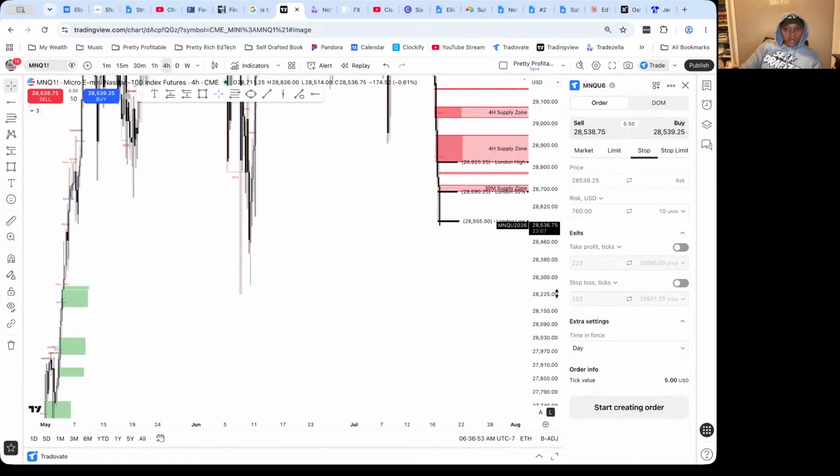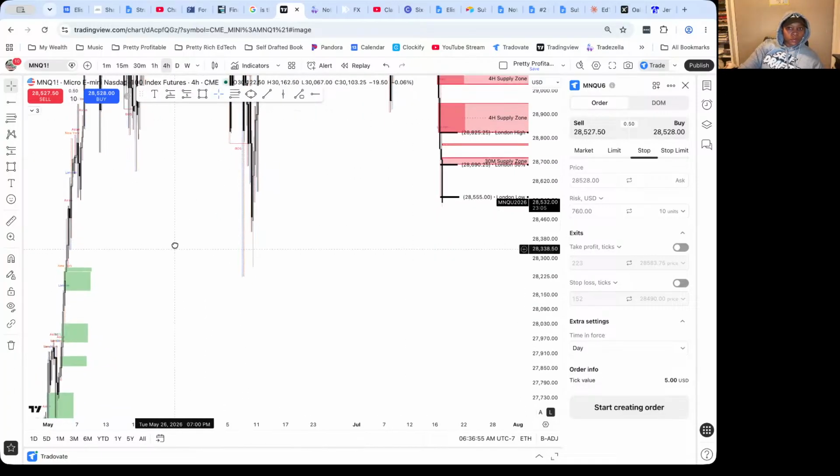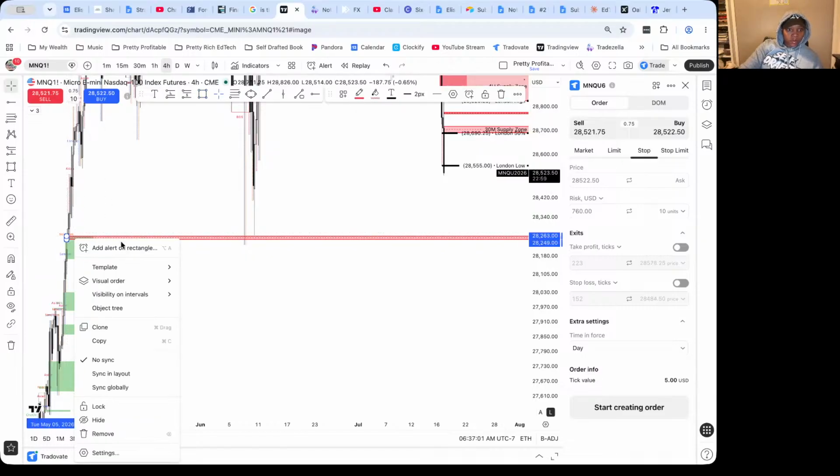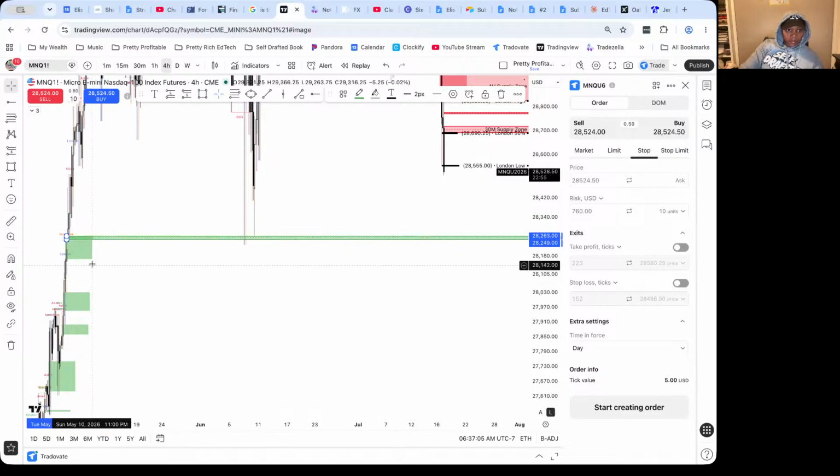So I'm gonna do this, y'all. While that's doing that, I'm gonna draw these demand zones, and these on the 4 hour, because it's like, are there any opportunities to get in the market today? And if not, that's okay.